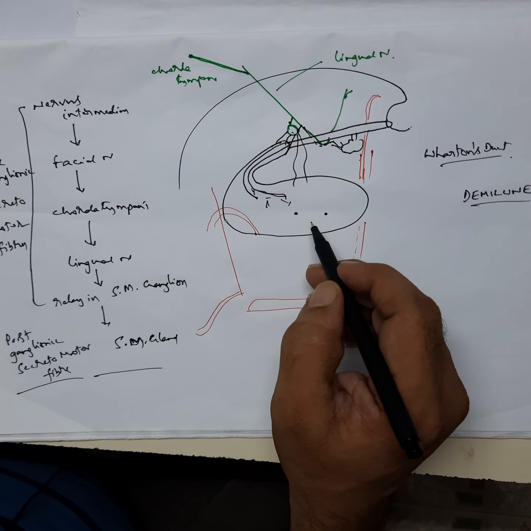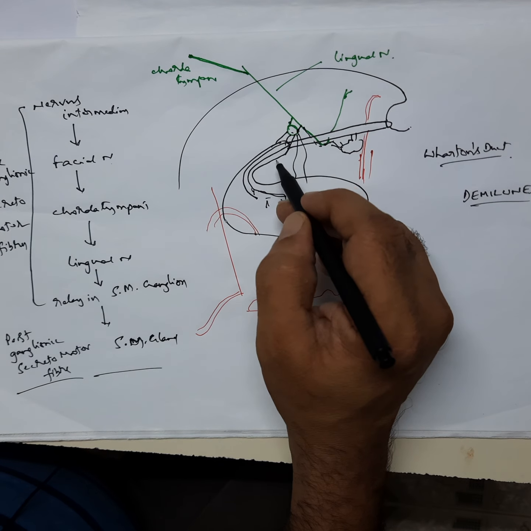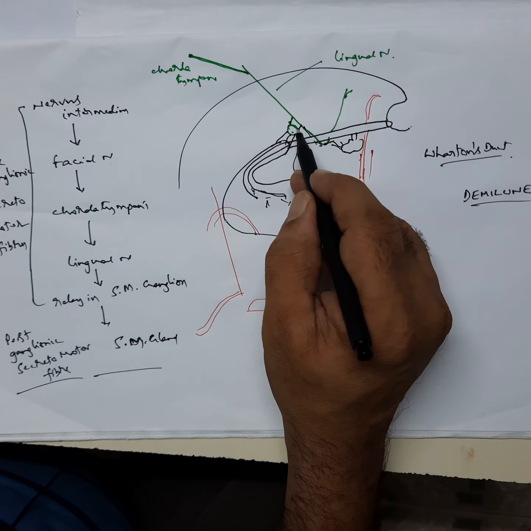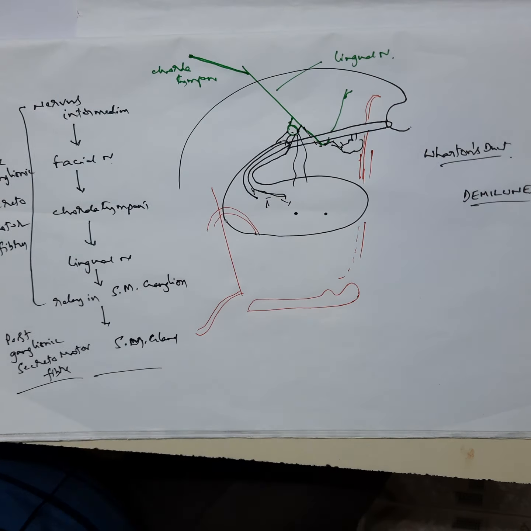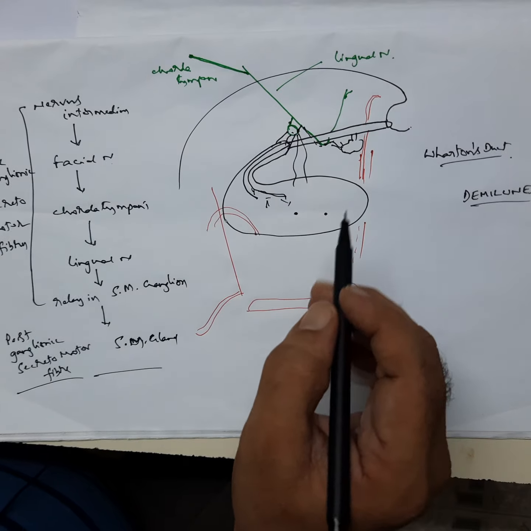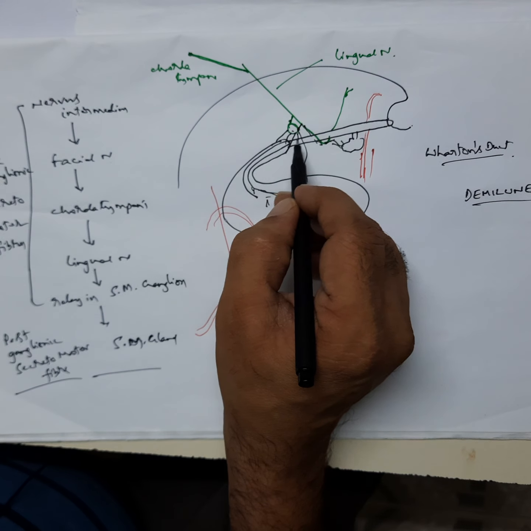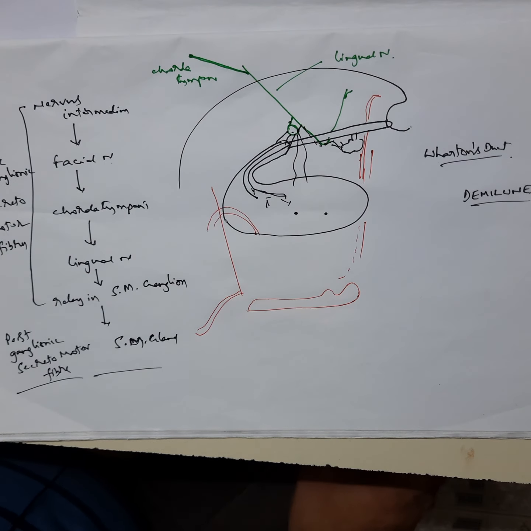And sensory fibers from this gland will pass through this ganglion without any delay to the lingual nerve and to the mandibular nerve, and thus this ganglion is acting as a local station. It is a peripheral parasympathetic ganglion. Then we will discuss the microscopic structure and other details in another video.